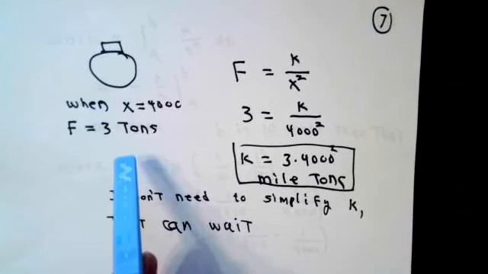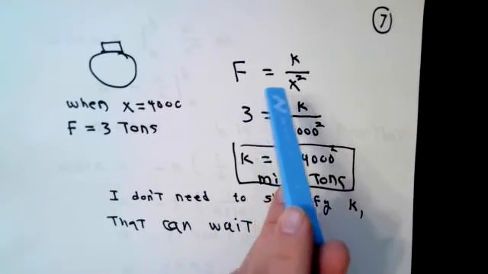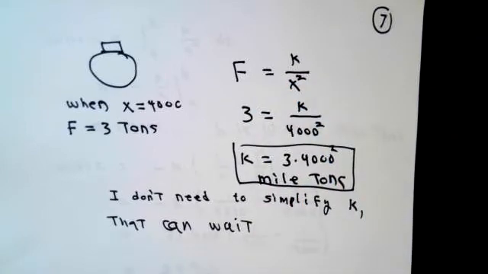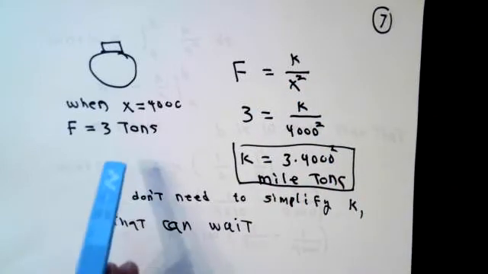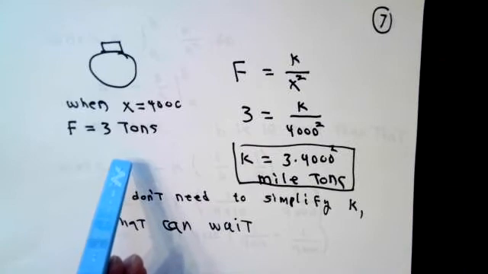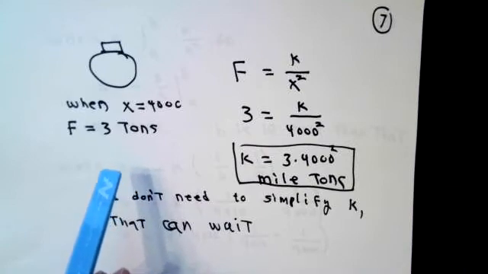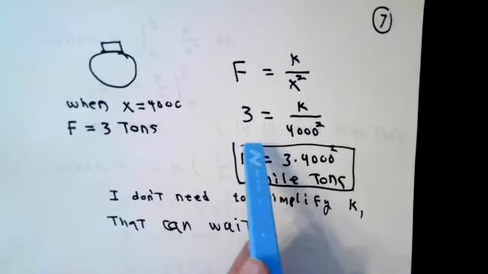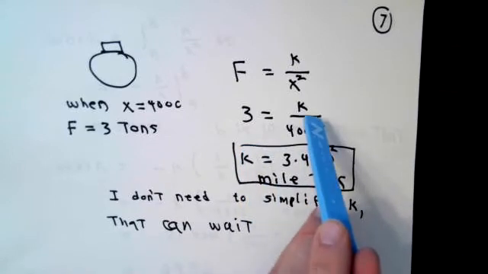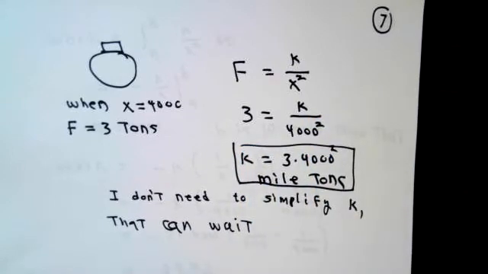The way we use that is Newton's law of gravity says the force should be a constant divided by x squared. I've told you what the force is. I've told you how far from the center of the Earth you are. So 3 needs to equal k divided by 4,000 squared. Obviously then, k is going to be 3 times 4,000 squared.